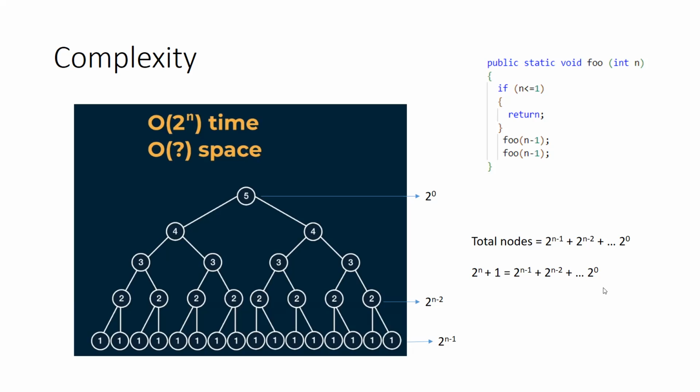Which will be less than 2 raised to the power 5, or equal to all the children until 2 raised to the power 4 plus 1. So this is how we calculate the total number of nodes, or let's say the time complexity within the tree.